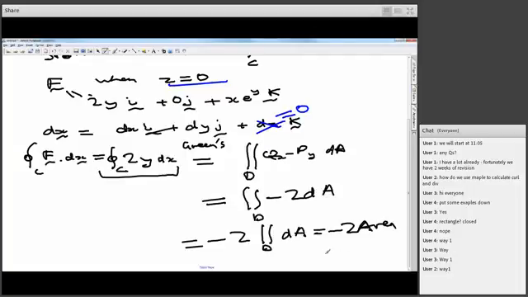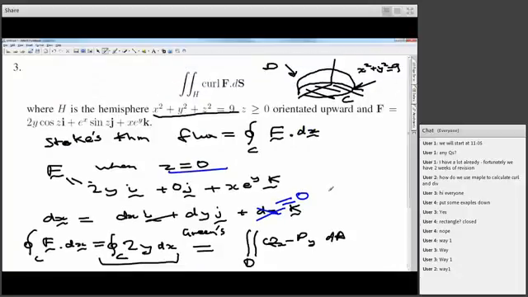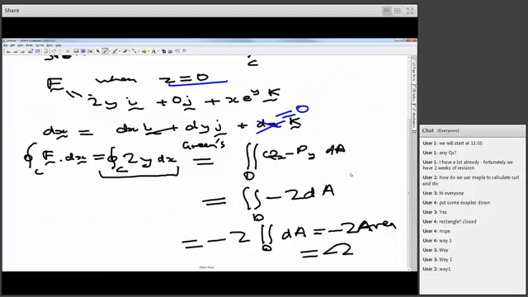And since it's a circle, at least I know what the formula for a circle is. It's a circle of radius 3, so the area is going to be 9 pi. So if I did it right, which I can make mistakes like everyone else can, it'll be minus 18 pi.